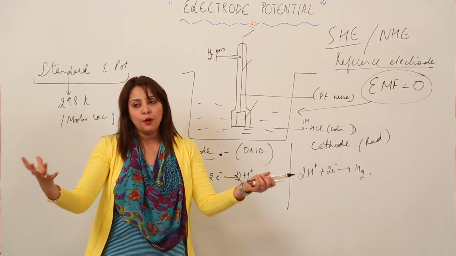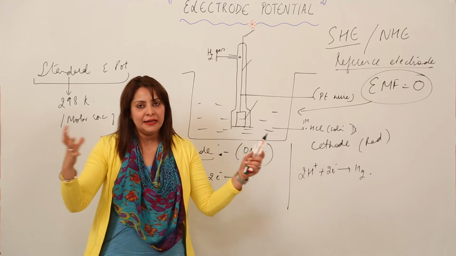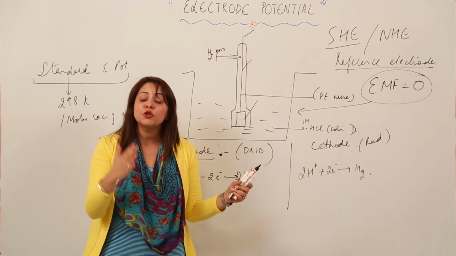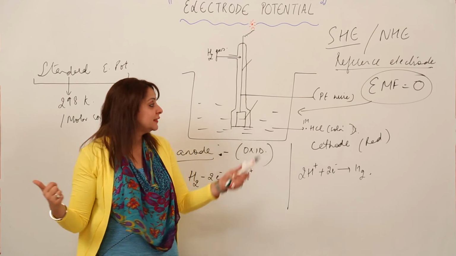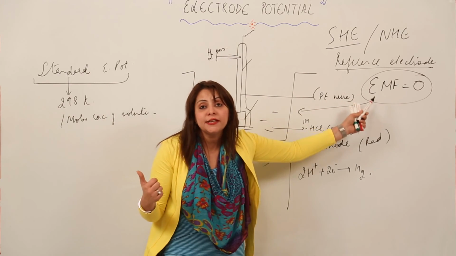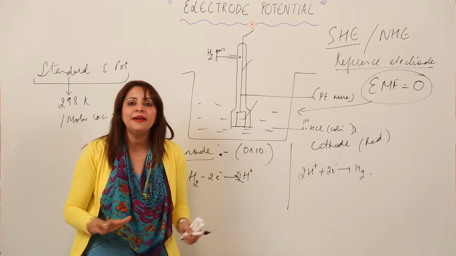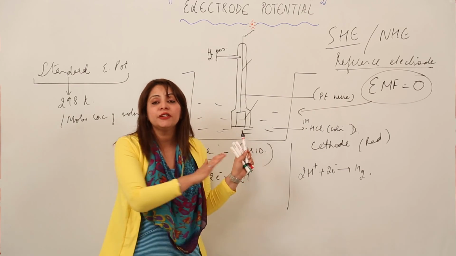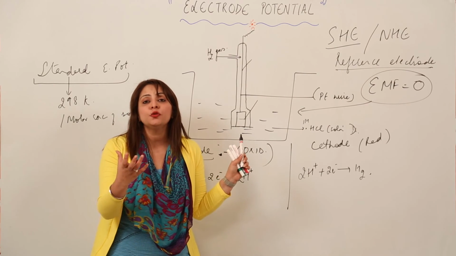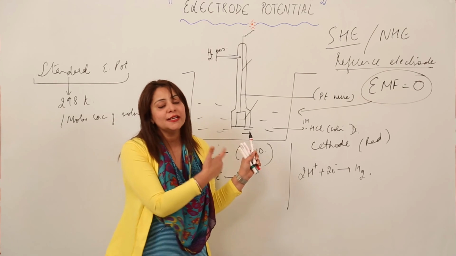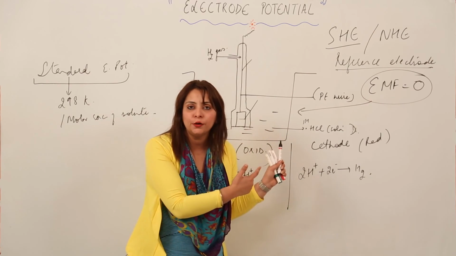So when you have a combination of this SHE with any other cell, whatever reading you are having for the EMF is actually the reading of that cell only, because the EMF for this SHE is 0, right. That means the whole reading which you get in the combination is the value for the other cell only, right. It is not for this, because its value is taken as 0, right.